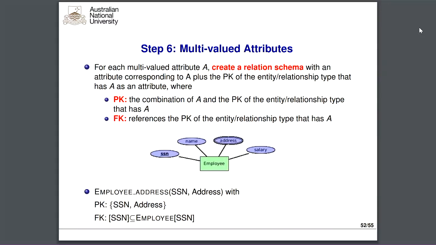So those are the three major pieces that you want to create. So when you have a diagram, look into these pieces: rectangles, diamonds, and then the double circles. Once you see a double circle, you just define a relation schema. So employee addresses, like social security number and address, gives the uniqueness in this case. And then the foreign key constraints as well.